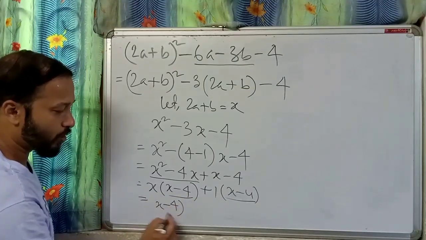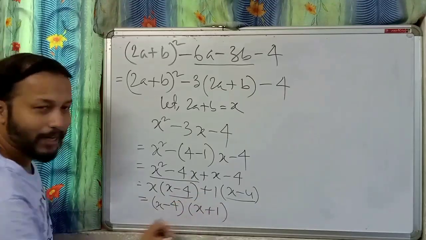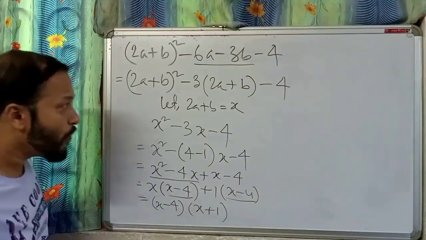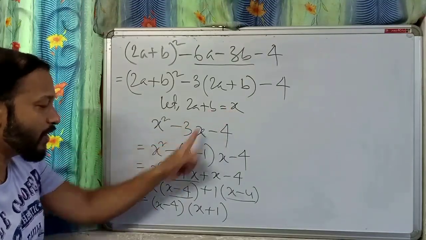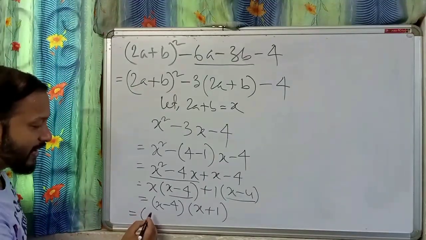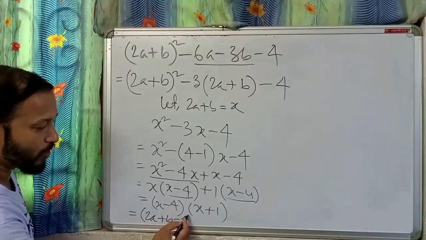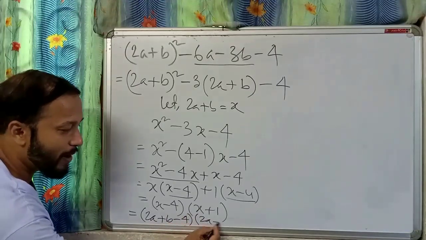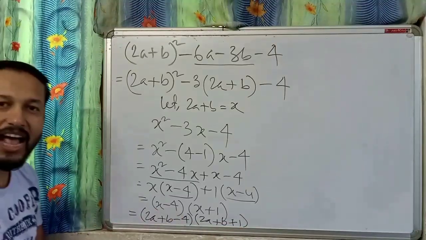So x minus 4. Correct? Now we will place the value of x. x is 2a plus b. We'll write 2a plus b here. So what I'll write? See here, 2a plus b minus 4, then 2a plus b plus 1. Yes, this is the answer.